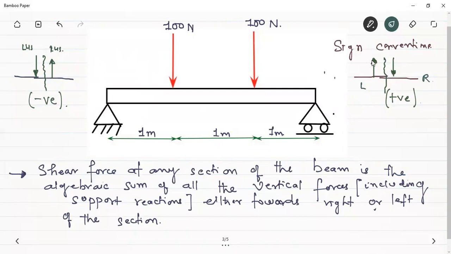I have to see all the external forces, including the support reactions. If towards the left hand side of the section the net force is vertically upwards, then the shear force will be positive. And if I have taken the right hand side of the beam, then if the net force is vertically downwards, then again the shear force will be positive.